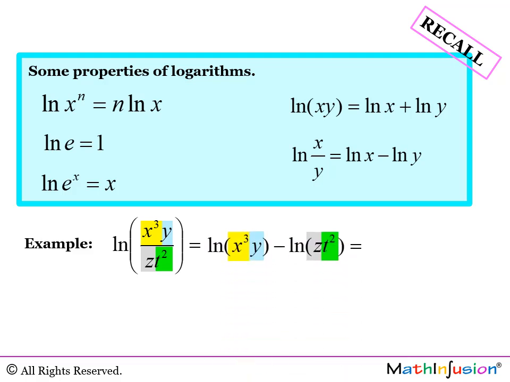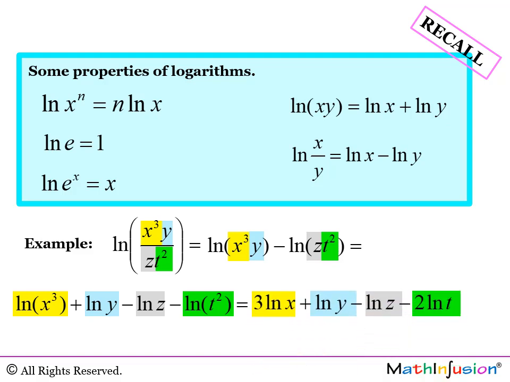So we are going to have ln of x cubed times y minus ln of z times t to the power of 2. But now I can even do more. And now I can take all the exponents and use the fact that ln of x to the n is n times ln of x to get that.